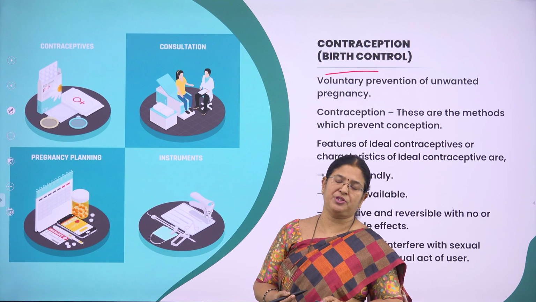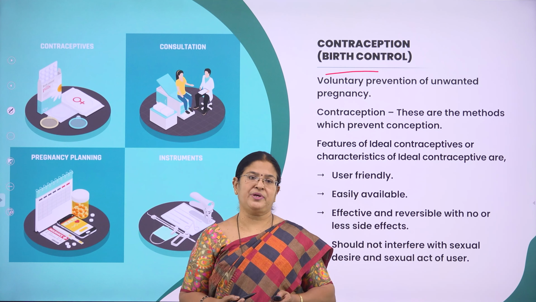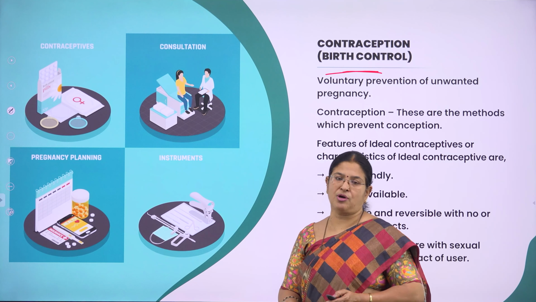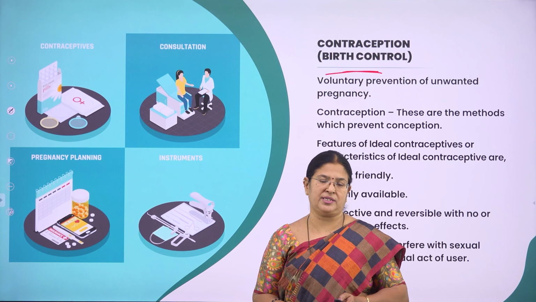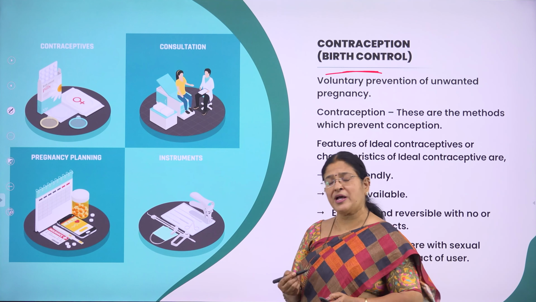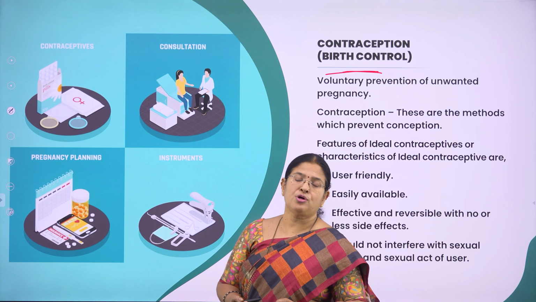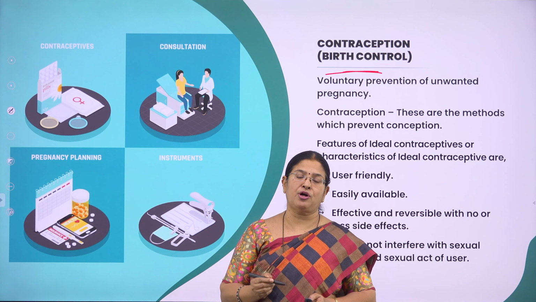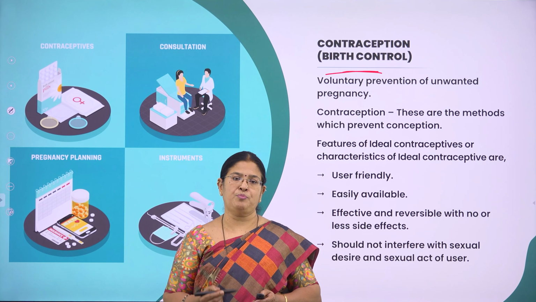Contraceptive methods are also called birth control methods, or the spacing methods. From the global point of view, contraception is the only ray of hope to check the growing human population.